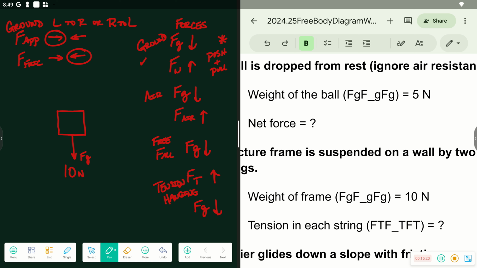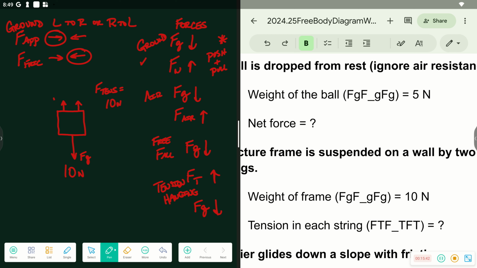Okay, so if they're not moving, what does the force of tension have to equal? The force of tension has to equal 10 newtons, right? And because it equals 10 newtons, there's two strings. Well, what are we going to do with the two strings?